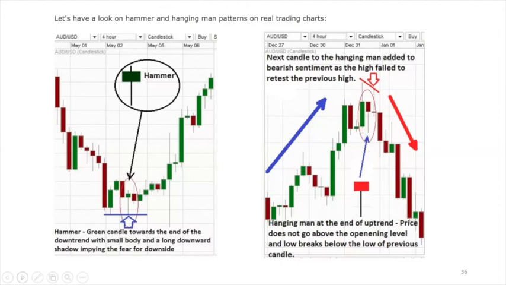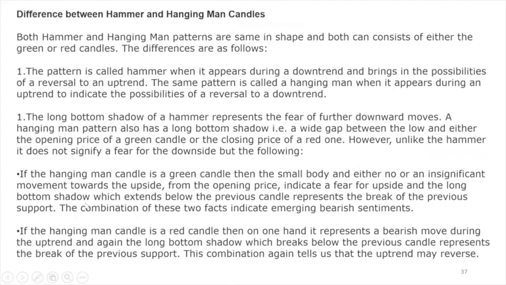That's what is meant by extended below the previous. The shadow extended from the previous candle represents the break of the previous support. The combination of these two facts indicates emerging bearish sentiment. This is called bearish.